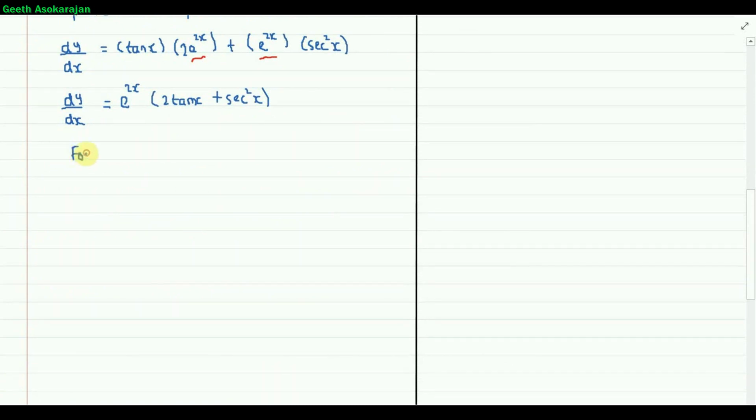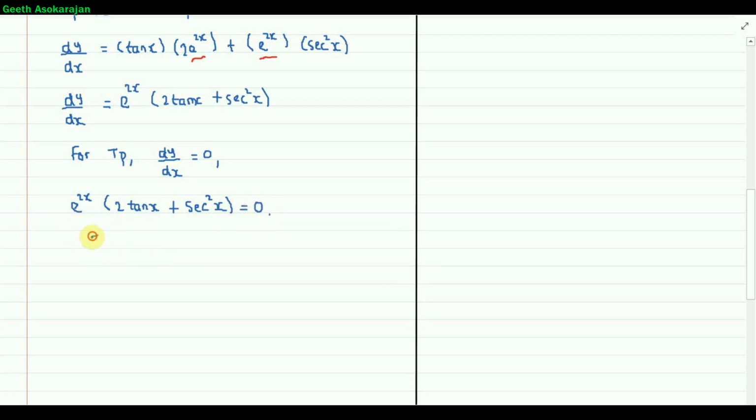For any turning point, dy over dx is equal to 0. So here's our answer for dy over dx. Let me copy that down: e to the 2x into 2 tan x plus sec squared x, and that is equal to 0.